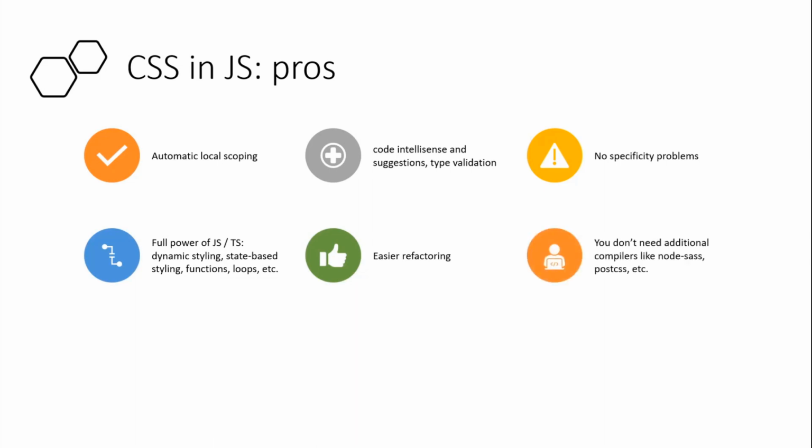You can apply refactoring a bit easier. You don't need additional compilers. Also, this approach is really good for component-based frameworks like React, and this idea was created probably because of React. And finally, you have better reusability for your styles.